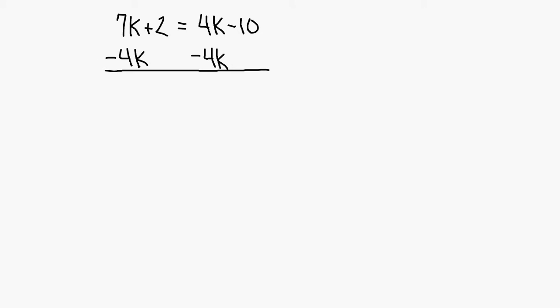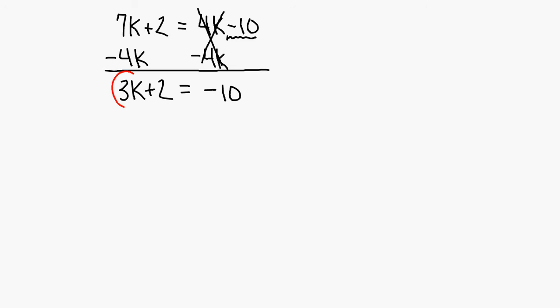So 7k minus 4k is 3k. And now the plus 2 equals, the 4k's cancel out, and this negative 10 is what falls down. You're going to isolate the variable.